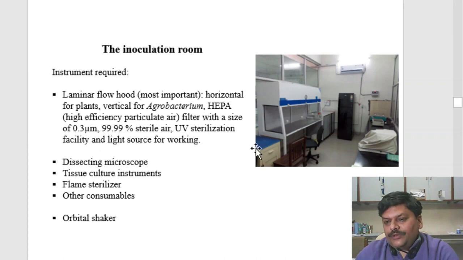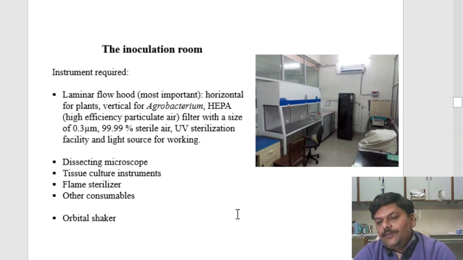One of the most important things as far as plant tissue culture is concerned is this chamber, which is called a laminar airflow hood. Basically, it is a chamber where even the air is sterile. It is composed of an air pump, and the pump is connected with HEPA filters. HEPA means high efficiency particulate air.